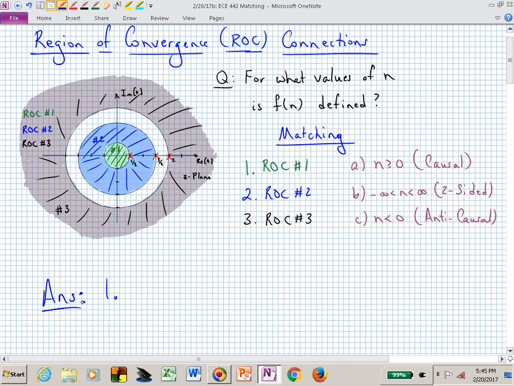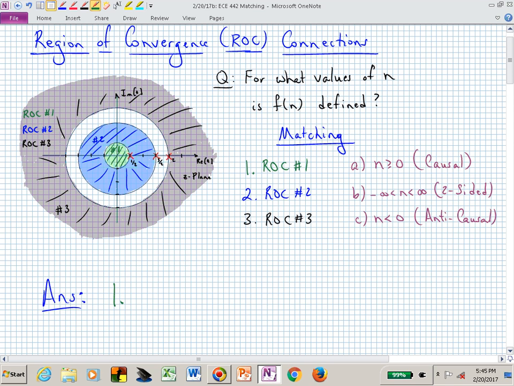Does everybody have answers in mind? For region of convergence number 1, maybe I should have been consistent since that was green, what do I match with 1? A, B, or C at the count of 3. Is that clear?